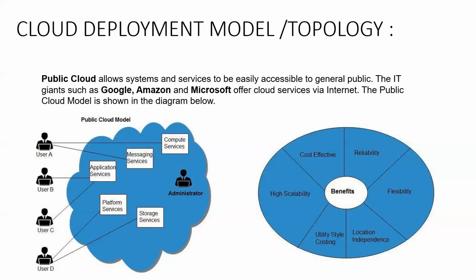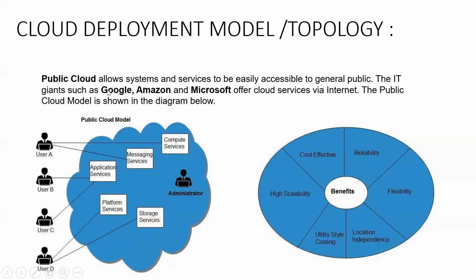The following figure particularly shows the public cloud model. Here you can observe a cloud which has an administrator. This is your service provider, and he provides various services like computing services, messaging services, application services, platform services, and storage services to the users.